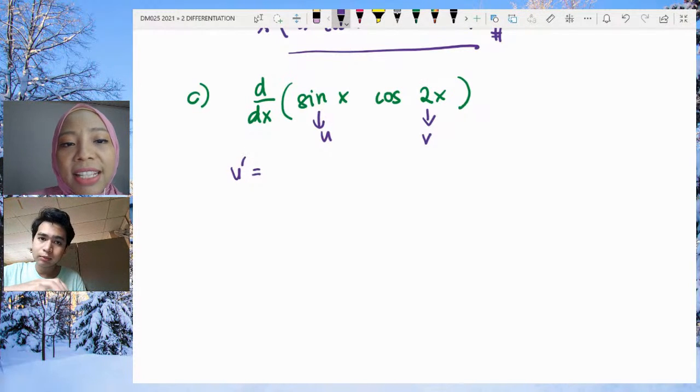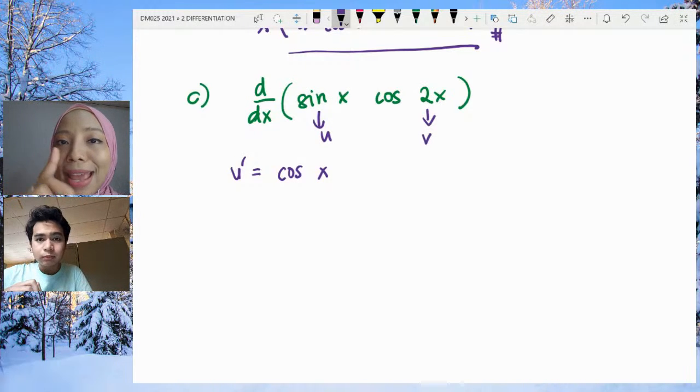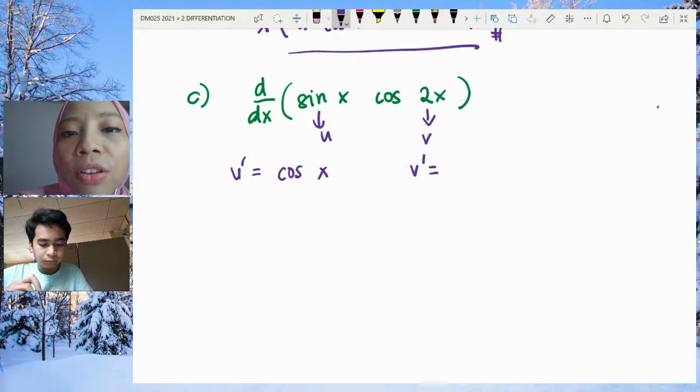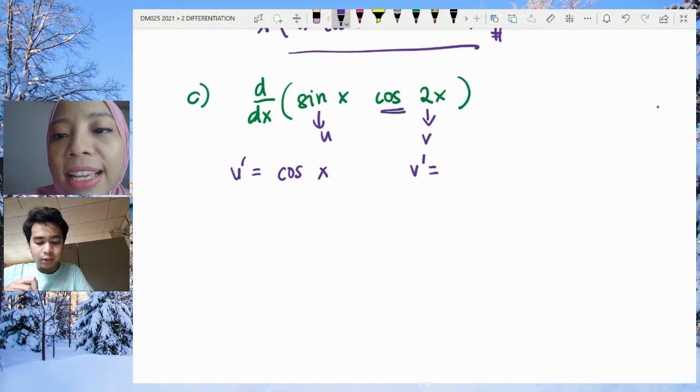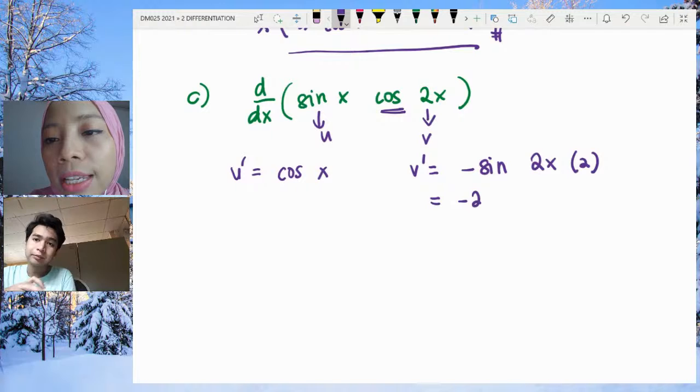Okay, differentiate sin x give you cos x. Remember, differentiate sin dapat cos, but then differentiate cos will give you negative sin. Okay, ni this case v prime, differentiate cos will give you negative sin 2x and multiply with 2. Therefore, you rearrange negative 2 sin 2x.